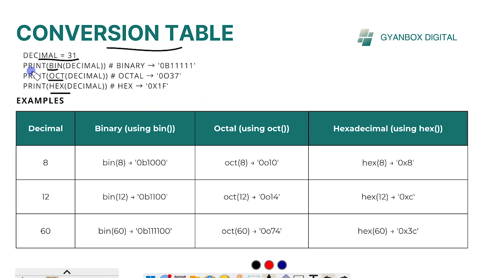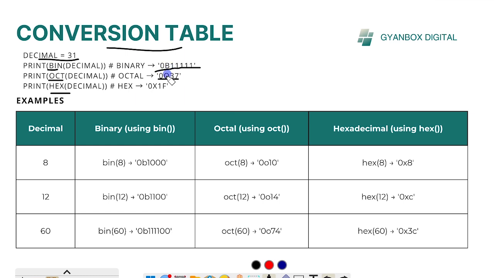So the example says here, print bin decimal. So value of decimal 31 will be replaced here with the variable name and converting it into bin. So bin of decimal will give me the binary number of 31 on the output screen. Likewise, if I write print oct decimal, so it will take the decimal value 31, convert it into octal through this oct built-in function, which is 0o37.